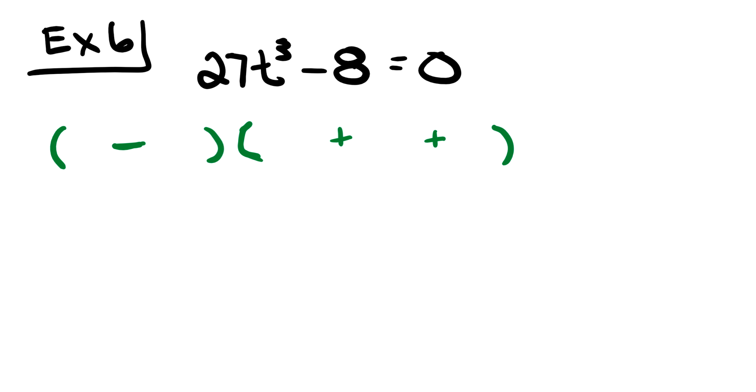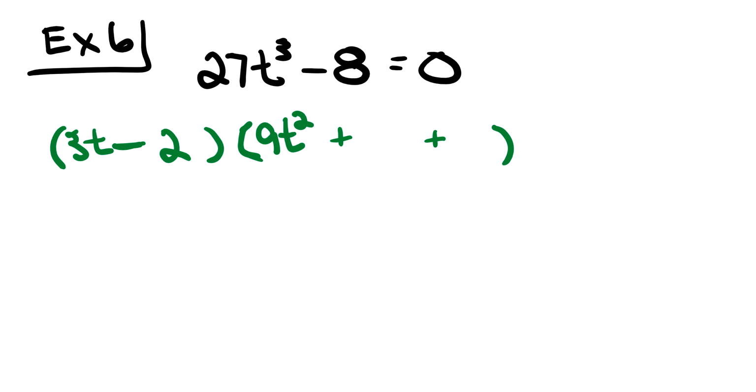Now I want to fill in the binomial, and that means I'm going to take the cube root of 27t to the third, which is going to be 3t, minus the cube root of 8, which is 2. Okay, then filling in the rest of the trinomial here, I'm going to square the first term, and that gives me 9t squared.